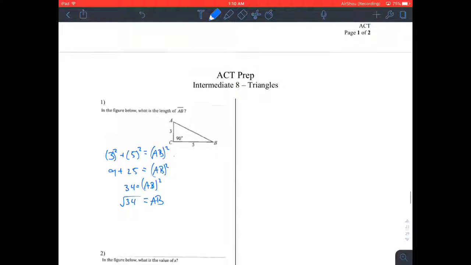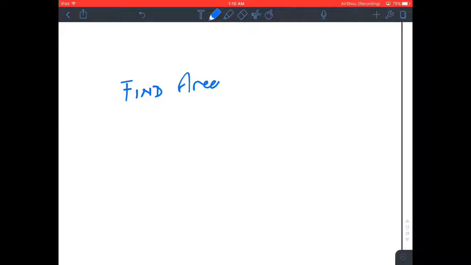Let's do another example that's not on your paper. Find the area of the triangle. And let's say that our triangle is this one.